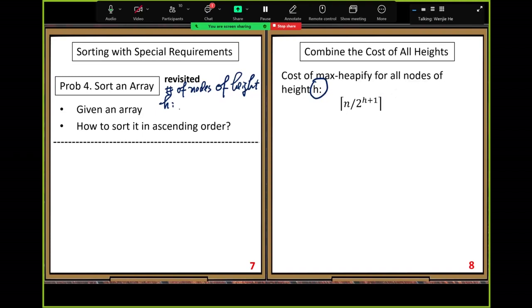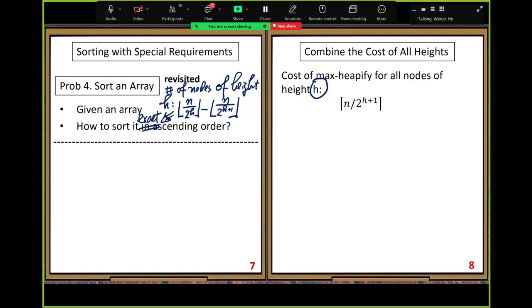The formula is floor of n over 2 to the h plus 1, or ceiling of n over 2 to the h plus 1. So this is the exact formula, okay. Exact formula.